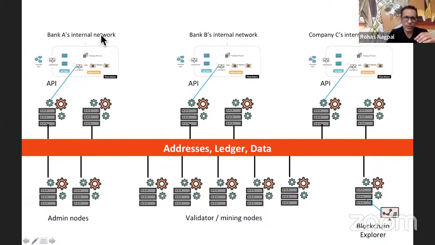So now when we look at these nodes, so let's say to this particular blockchain, there is a bank which is connected. So bank A, bank B, and then there is some company. Now each of these entities has their own internal networks, right? Where they would have all kinds of servers, web servers, database servers, caching servers. Now a bank or a corporate entity could connect this network of theirs to the blockchain through an API.